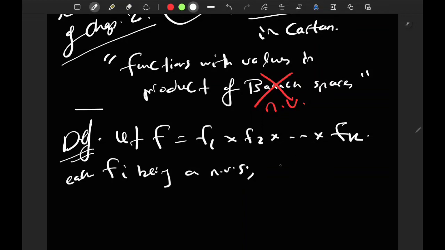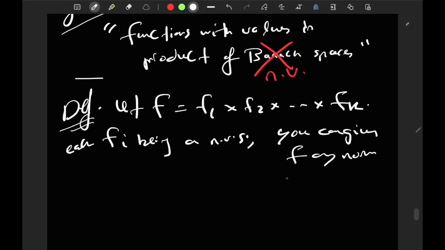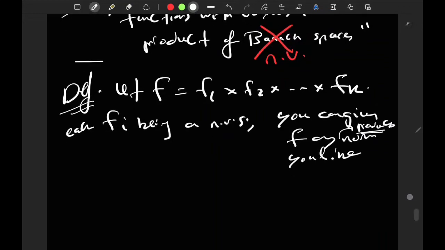And you can give F any norm, any product norm you like. Why am I insisting on saying a product norm? Because we really need it to be a norm depending on the individual Fi's, the individual F1, F2, or Fk.